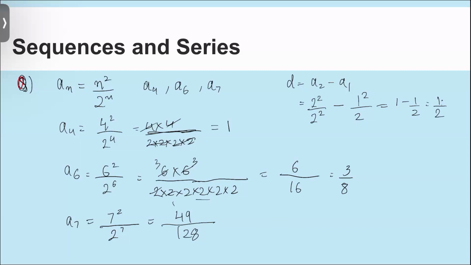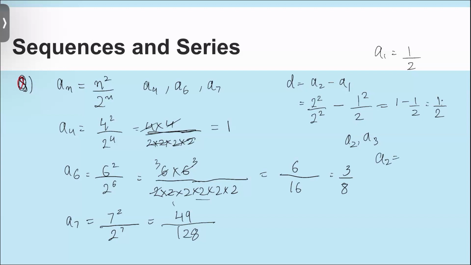Okay, so we are getting a d, but let's see if we get the same thing with a3 and a2, with our a1 being what? a1 would be 1 upon 2. So let's try with a2.